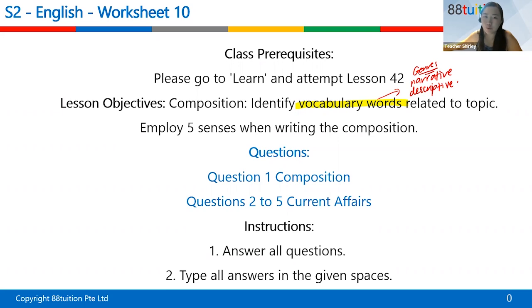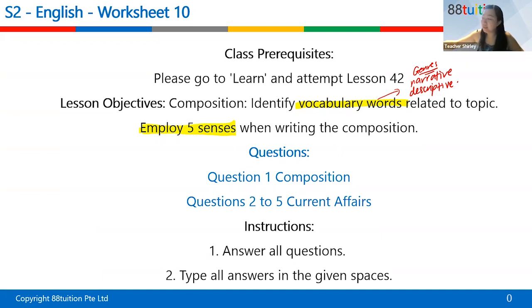Like I said, there are so many components in the English language paper that we cannot complete everything in a single lesson. So we'll focus on this today. We'll also look at how to employ the 5 senses. Okay, so basically 5 senses, we're referring to, of course, your sight, your smell, your hearing, your taste, and your touch, right?